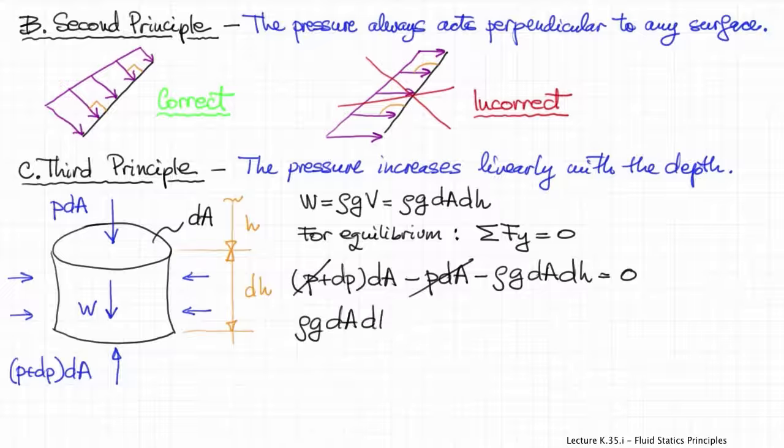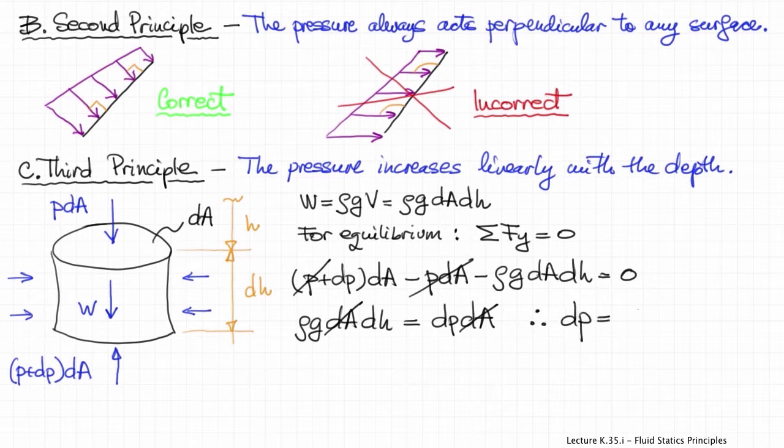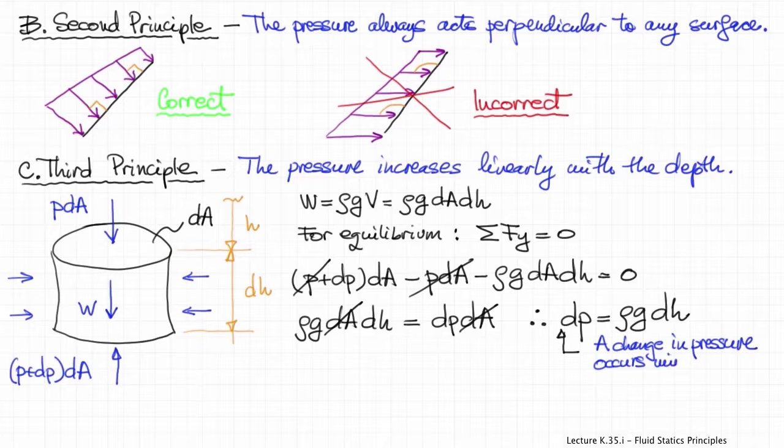And that gives us rho g dA dH equals dP dA. And again, we can cancel out dA here. And therefore, dP equals rho g dH. So in other words, we can state that a change in pressure occurs with a change in depth. Very simple.